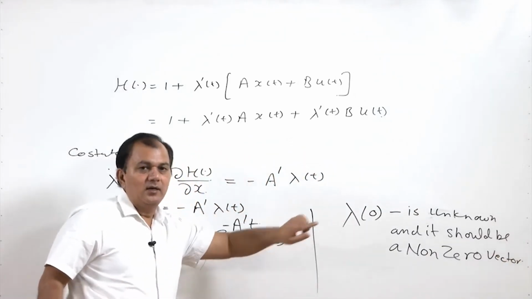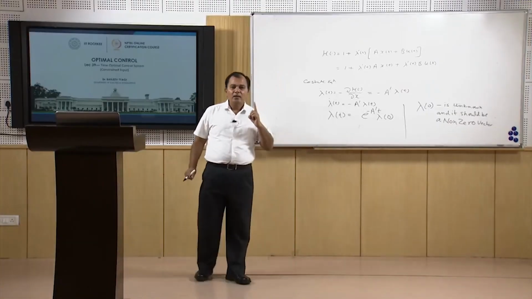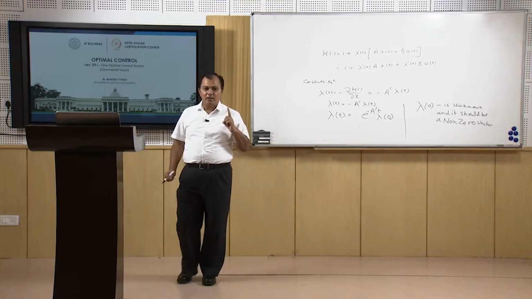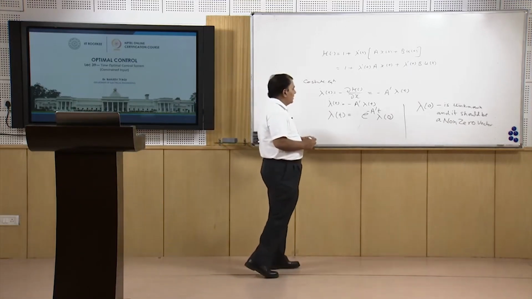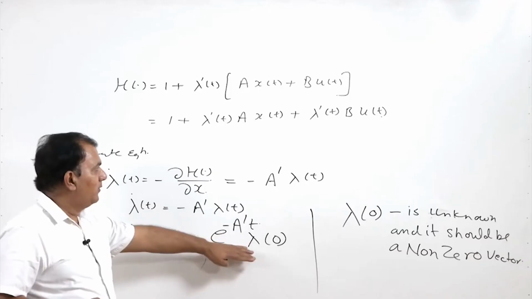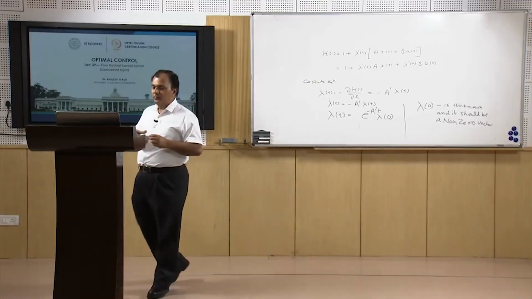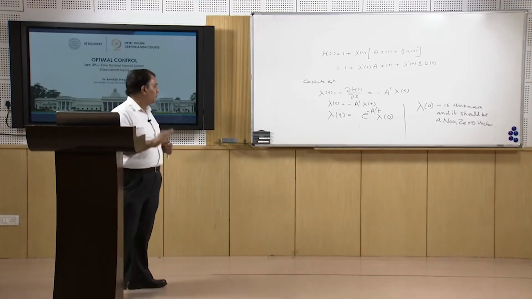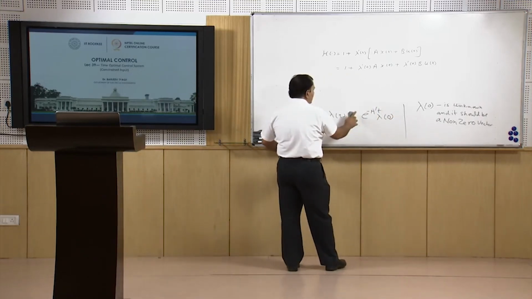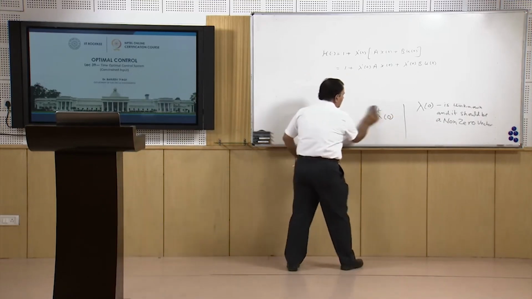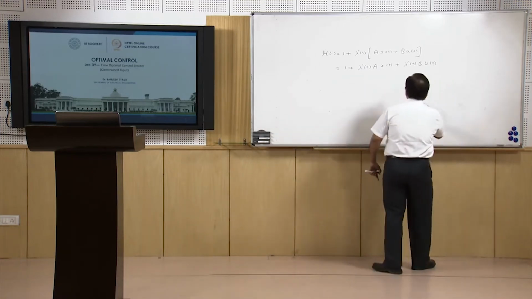We have to consider lambda 0 to be a non-zero vector. Why it is non-zero, that we will see a little bit later on. We can't consider it to be a zero vector. So, the solution of my co-state equation is e to the power minus A transpose t lambda 0, which we will utilize a little bit later on.